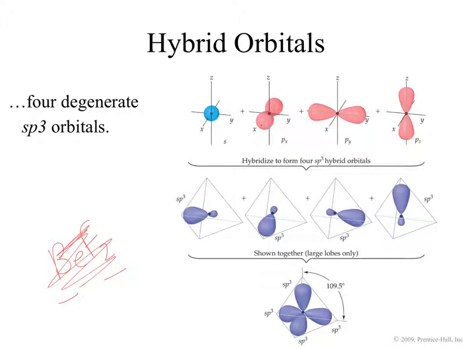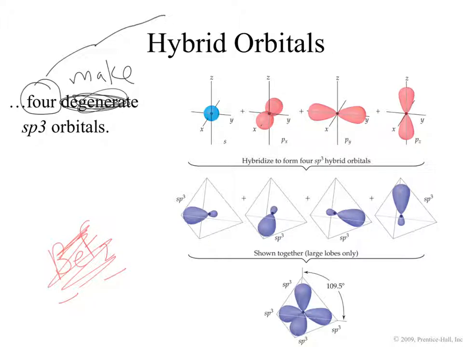If we have a central atom that, I don't like this word degenerate, I'm crossing it out, I don't know what it means. We'll use make. If we have a central atom that around it has four orbitals that have electrons in them, filled or unfilled, in its valence shell, so a central atom that has an s orbital with some electrons in its valence shell and three p orbitals that have electrons in its valence shell, these will hybridize to make babies.